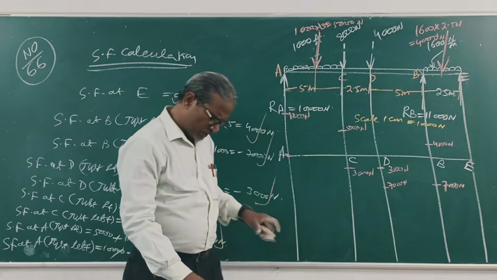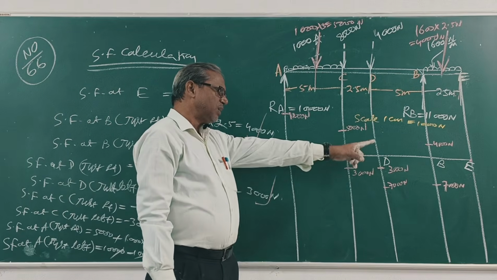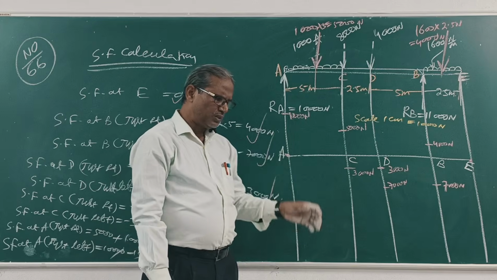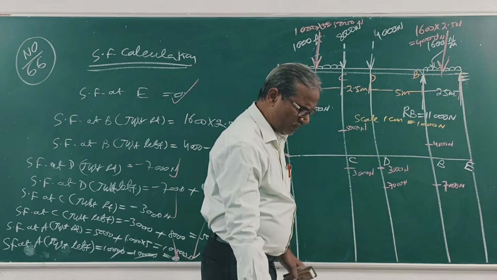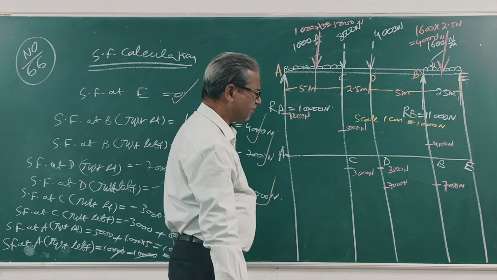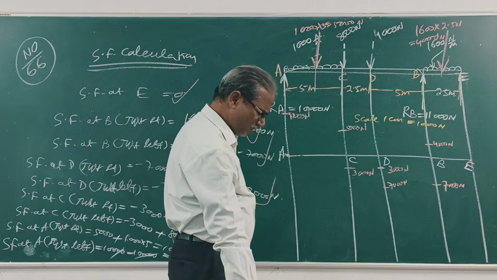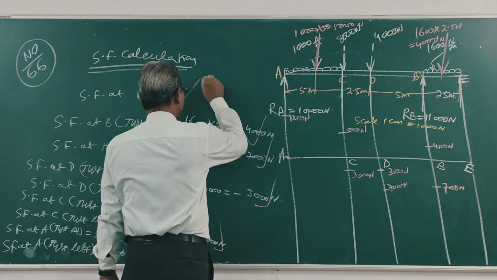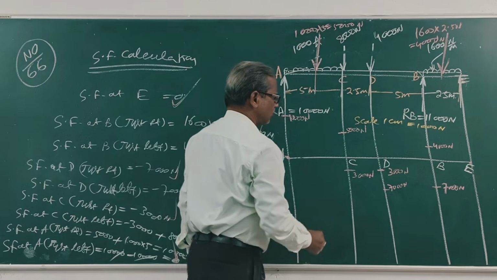Now join all the points from E to A. Then we will complete the shear force diagram. First, from 0 to 4000 plus.